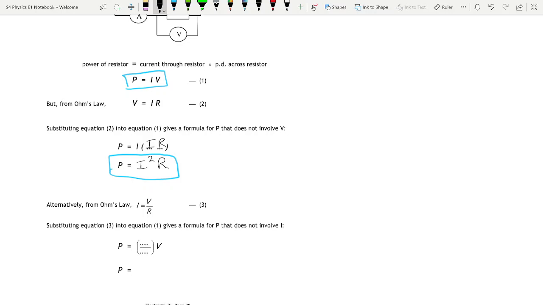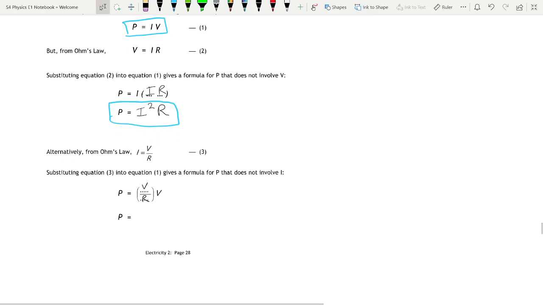Alternatively, instead of V equals IR, you can rewrite that as I equals V over R. So instead of substituting the V, we can substitute the I. P equals IV, so we can get rid of that I and replace it with V over R. So P equals V over R times V. And again, not very neat.